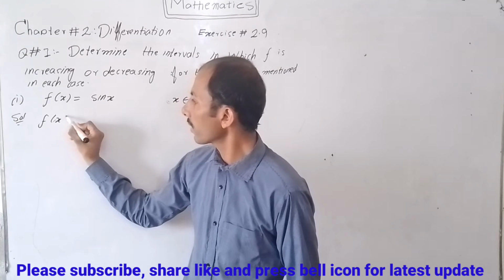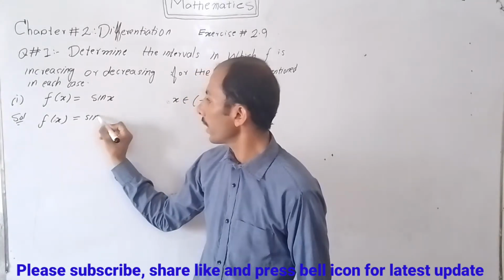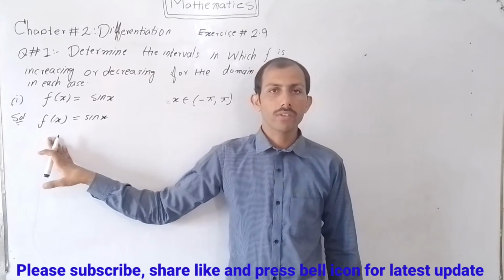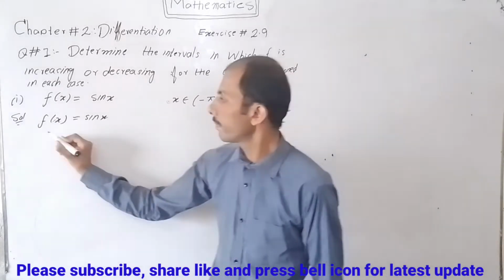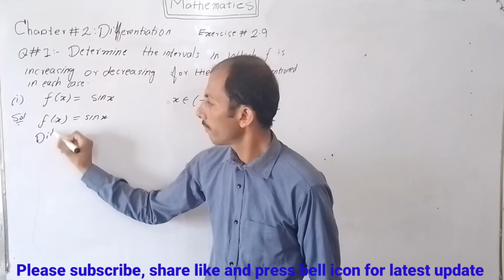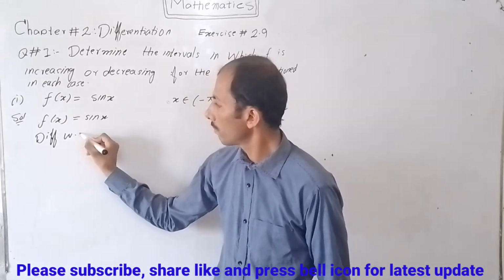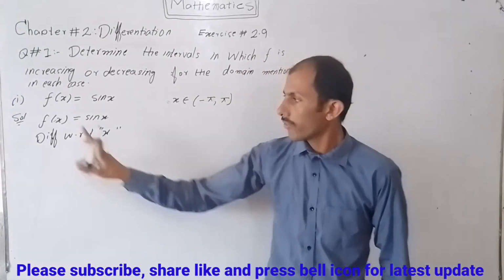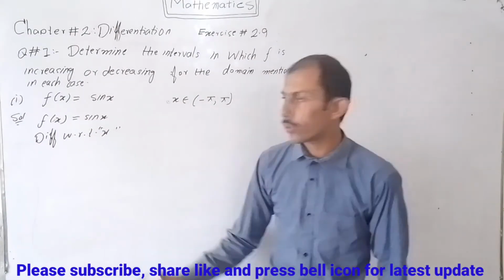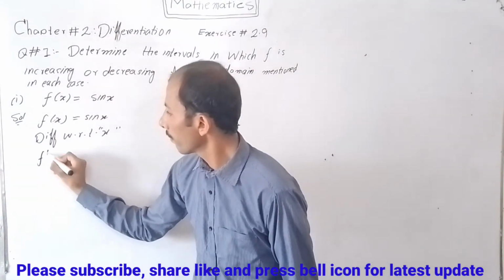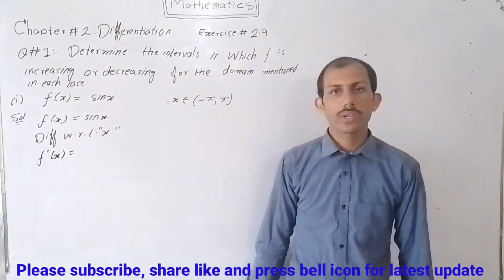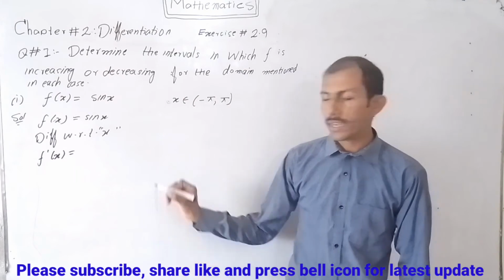f of x is equal to sin x. Differentiate with respect to x on both sides. f prime of x is equal to the derivative of sin x, which is cos x.